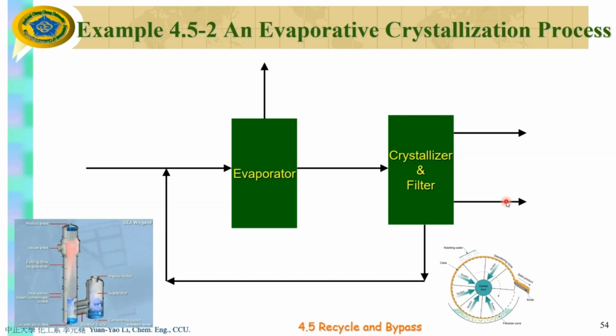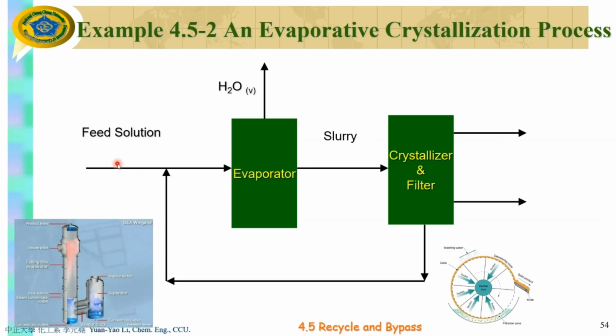This sentence sounds complicated, but actually it's not. So if we take a look at this, please work with me on this slide. That means we have a feed solution here, and the feed stream goes into here.